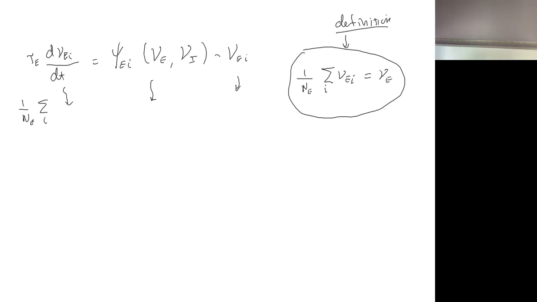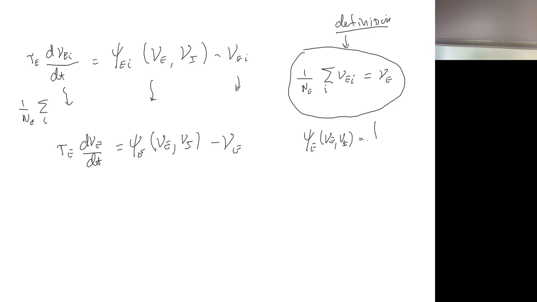We average everything and we get tau E d nu E dt equals psi E of nu E, nu I, minus nu E, and also psi E of nu E, nu I by definition is 1 over N E, the sum on i of psi E i.